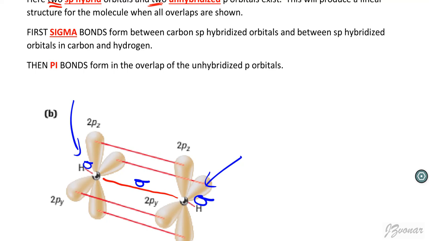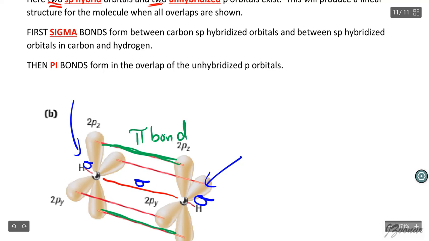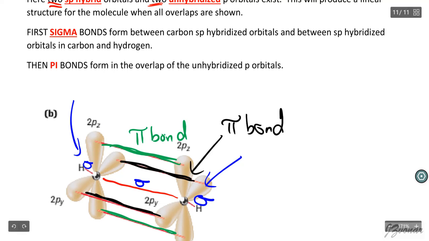Okay, and so what ends up happening is the pi bonds form above and below the initial sigma bond. And so what we have here is the following. This one here and this one forms 1 pi bond. And then we have this one and this one forming our second pi bond.